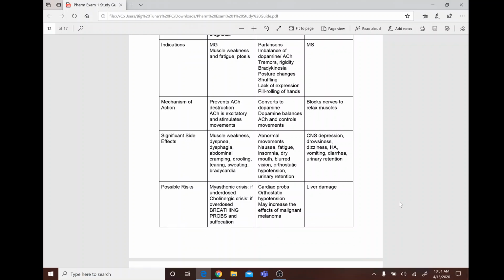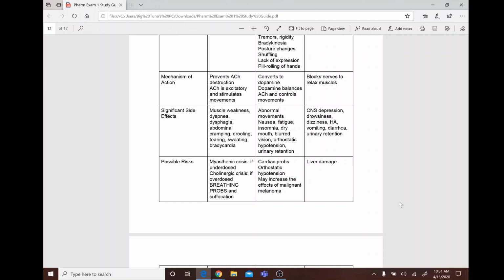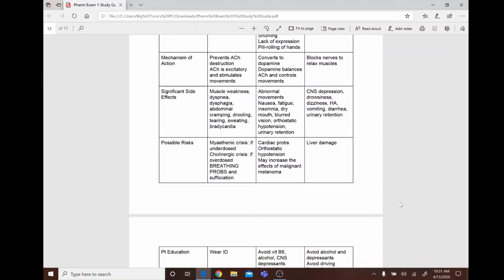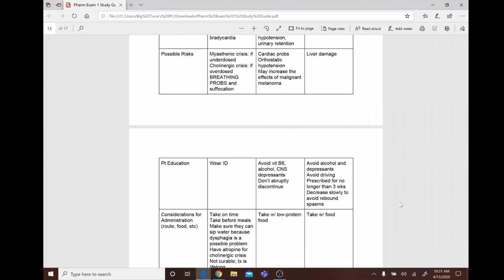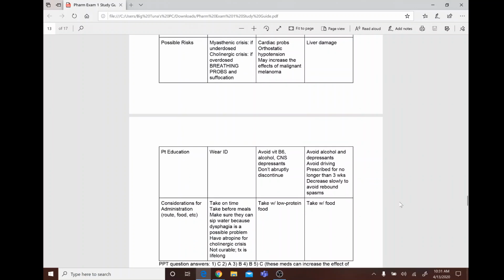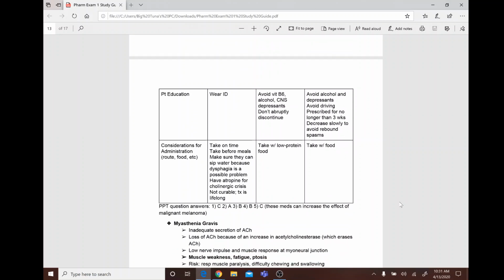What are the significant side effects of baclofen? CNS depression, drowsiness, dizziness, headache, vomiting, diarrhea, urinary retention. What are the possible risks when taking baclofen? Liver damage. What do we need to educate the patient on when taking baclofen?